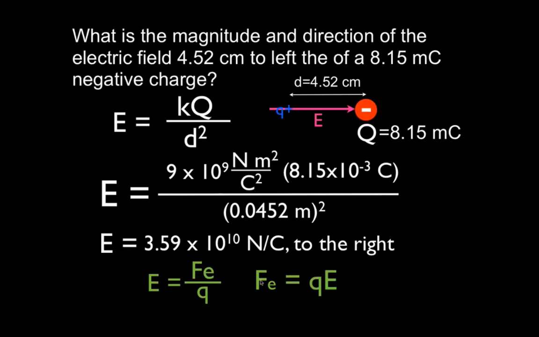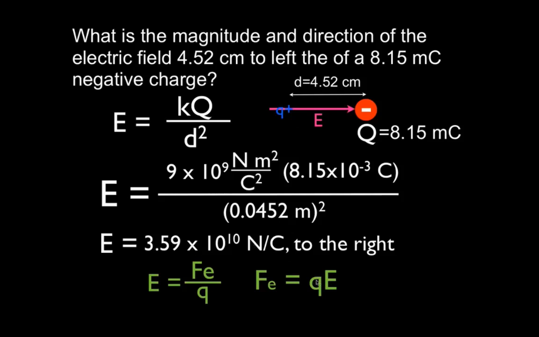We would calculate the amount of force by taking the electric field, which is newtons per coulomb, and multiplying it by the amount of coulombs that we put here. And therefore, if you take a coulomb and multiply it by newtons per coulomb, you just get a force. So if I was to put 1 coulomb right here, the force on that 1 coulomb would just be 1 times the electric field, which would be 3.59 times 10 to the 10 newtons.